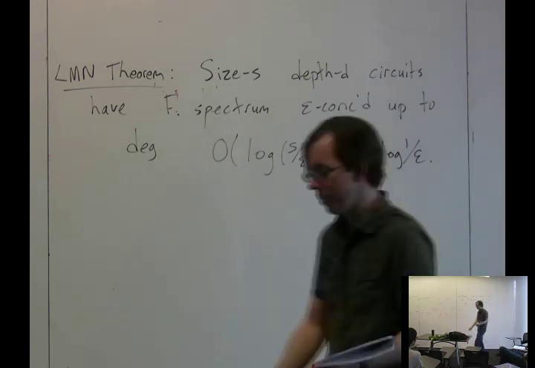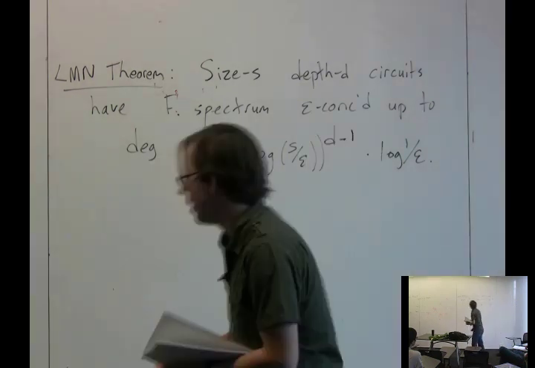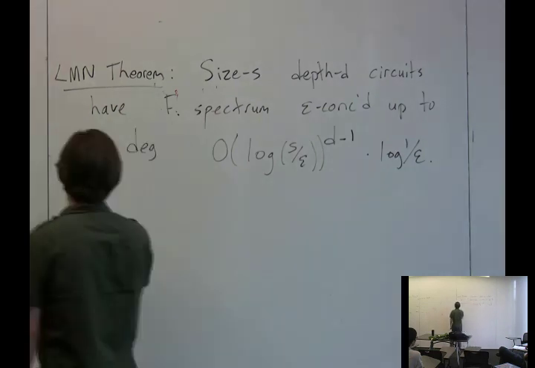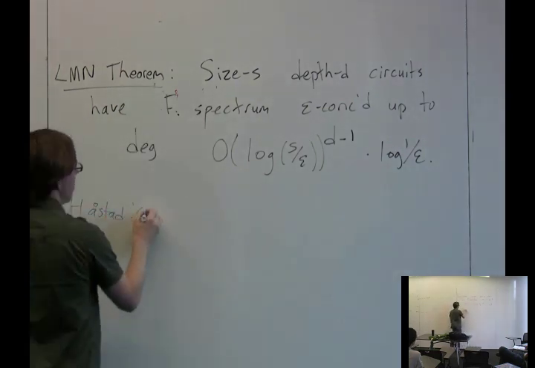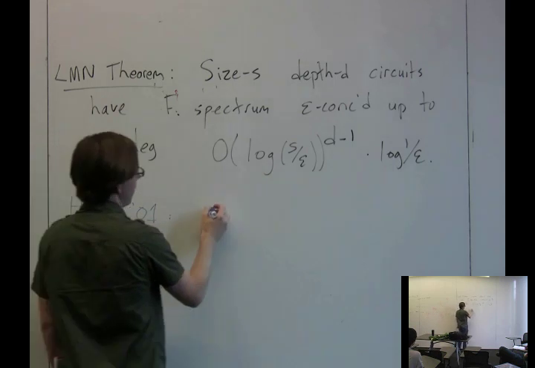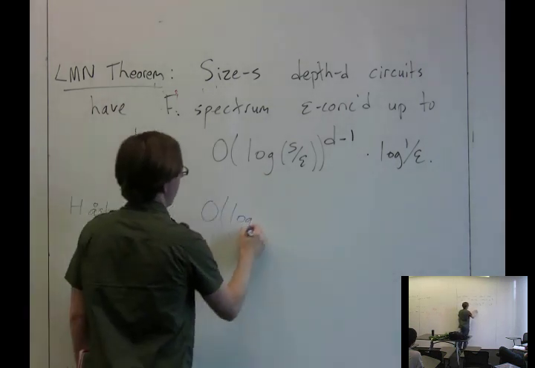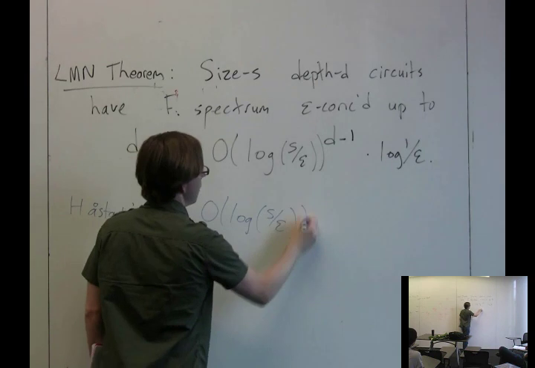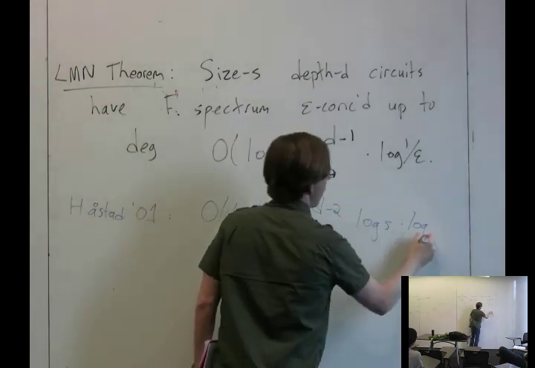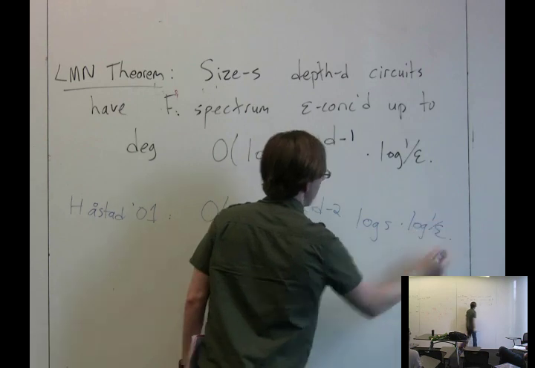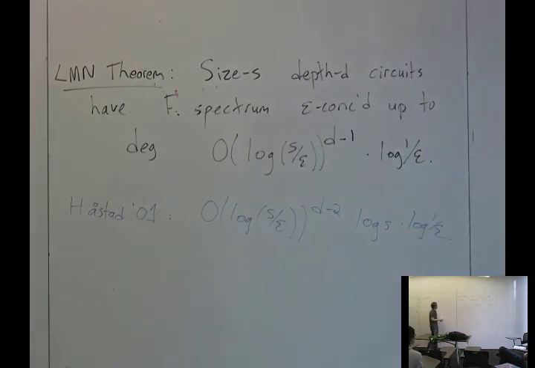Actually, since I have it up here, I cannot help but point out that this was very, very slightly sharpened by Håstad in '01. He got O of log s over epsilon to the d minus 2, times log 1 over epsilon. Right.